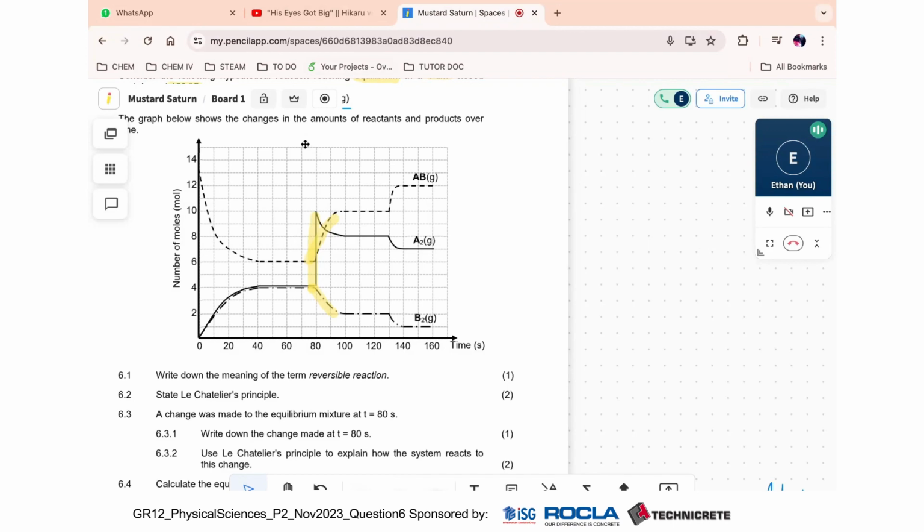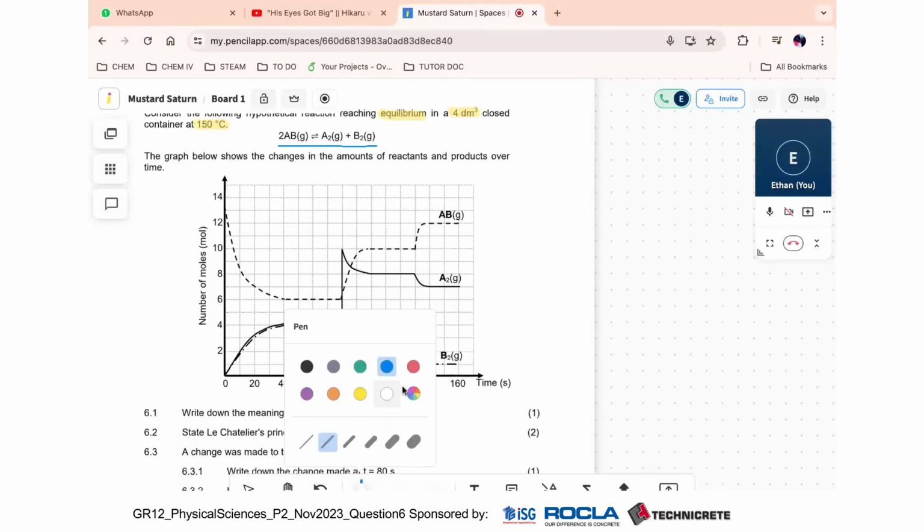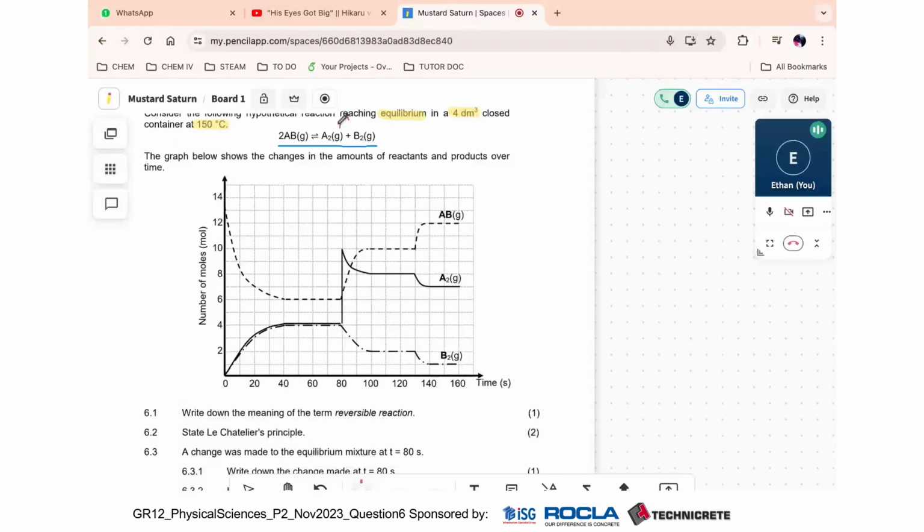So how can we rationalize what's going on here? If more of A is added, so A increases, the system is going to want to find a new equilibrium and want to counterbalance the change.